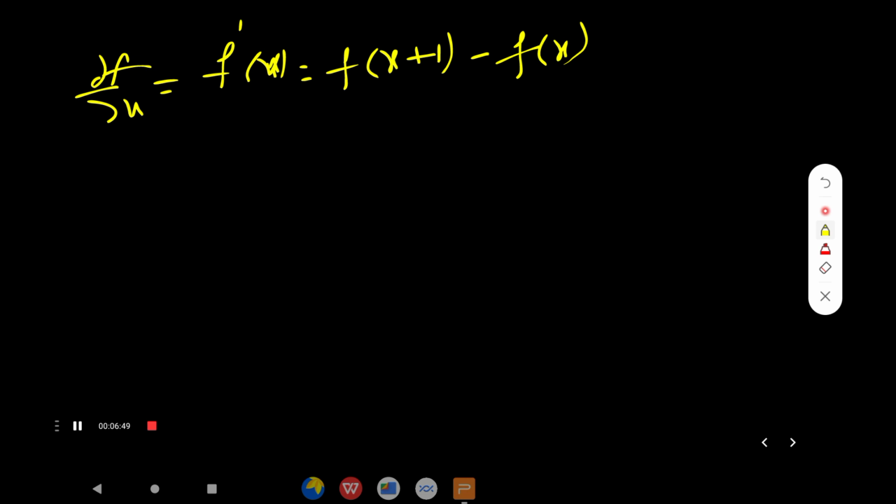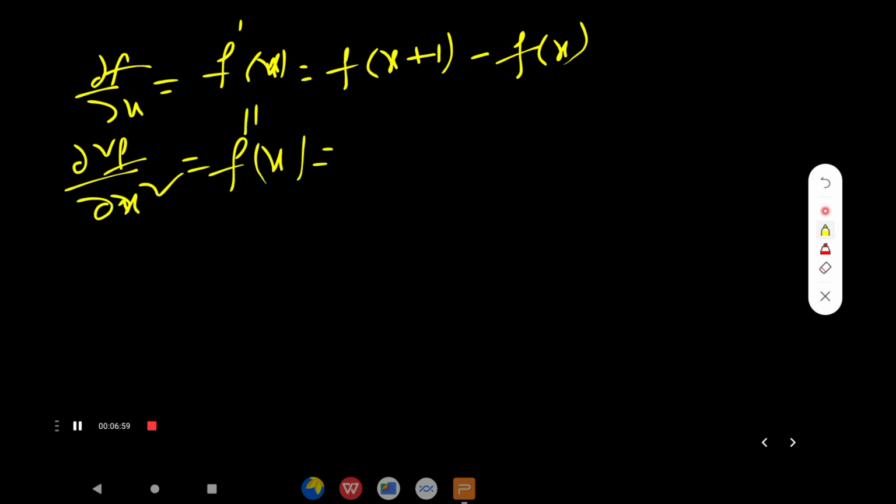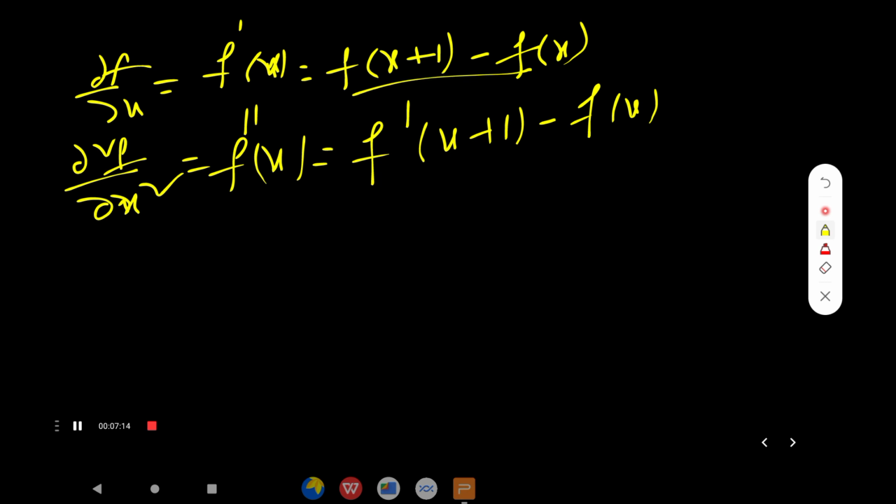At the same time, for the second derivative, dou square f by dou x square is equal to f double dash of x. Here we are taking two derivatives, that is f dash of x, which is f of x plus 1 minus f of x. We know that f dash of x is equal to this, so you just have to substitute that.